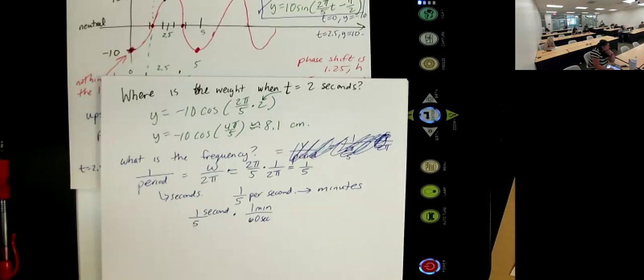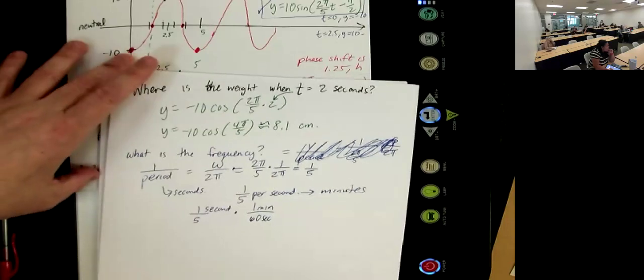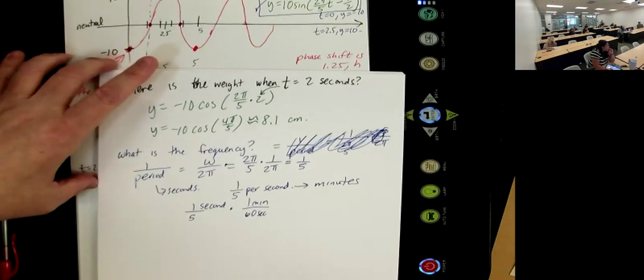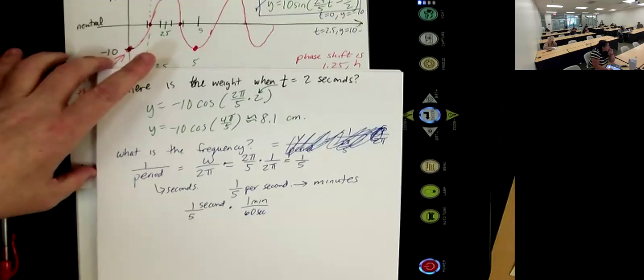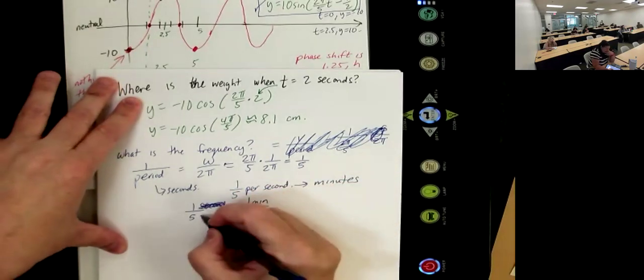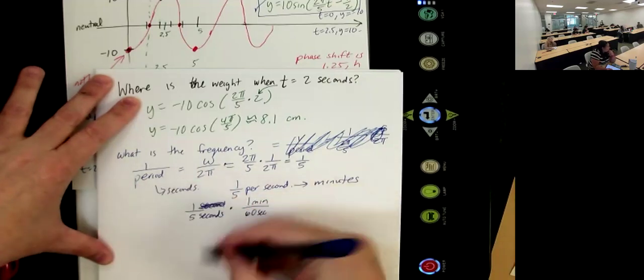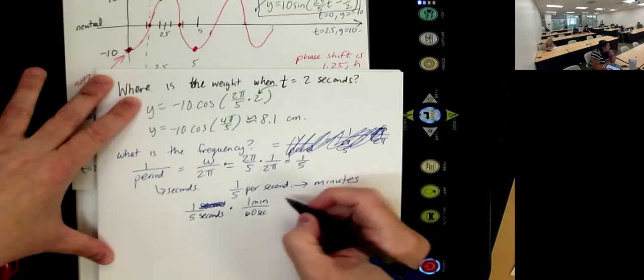Something's off here. The frequency should be higher. What am I doing wrong? No, seconds is on bottom here. That's the problem. The period is in seconds, so when I flip seconds over, seconds is on bottom. That's what's wrong.